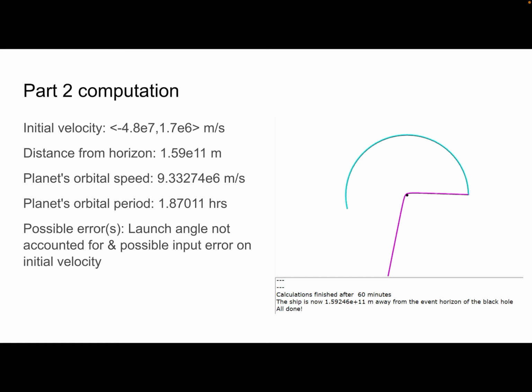The initial velocity is a vector of negative 4.8 times 10 to the power 7 in the x direction and 1.7 times 10 to the power 6 in the y direction, meters per second. The distance from the horizon is 1.59 times 10 raised to the power 11. The planet's orbital speed is 9.33 times 10 to the power 6 meters per second. The planet's orbital period will be around 1.87 hours.